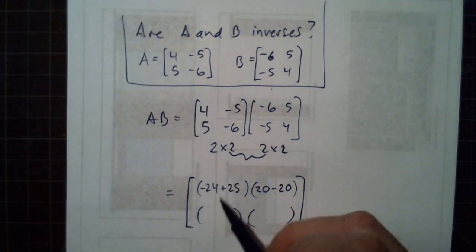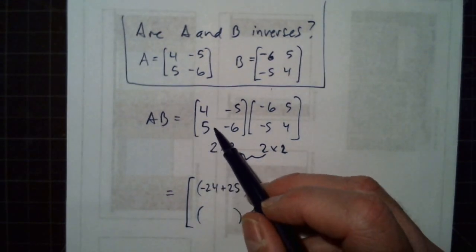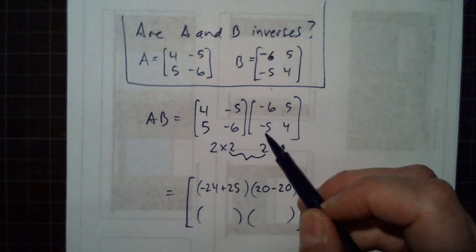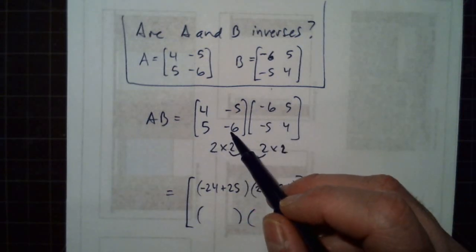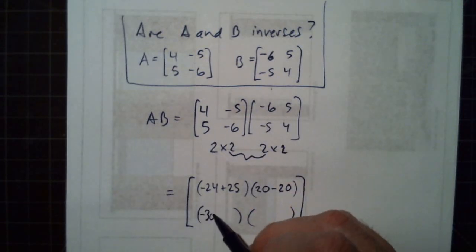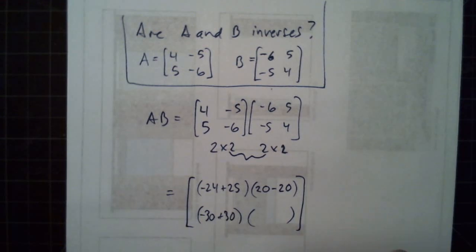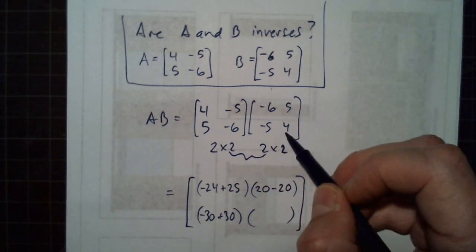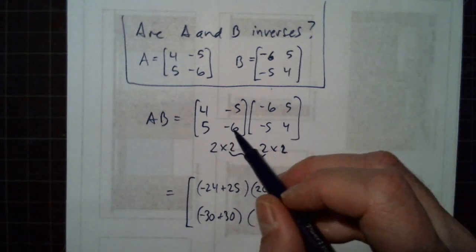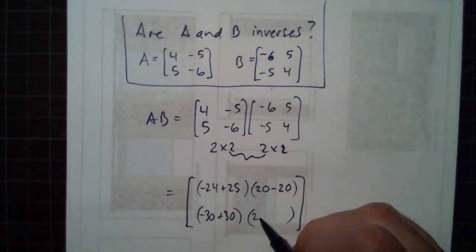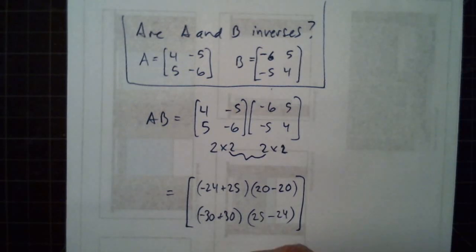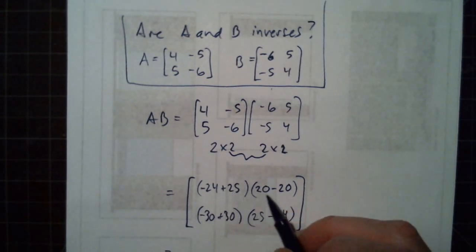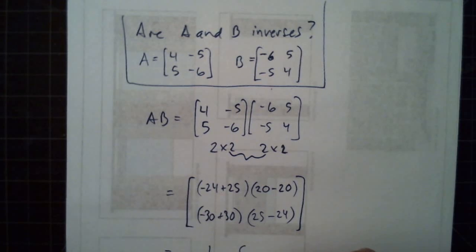This is row 1, column 1, so we multiply row 1 times column 1, negative 30 plus 30. This is row 2, column 2, 25 minus 24, and we'll get 1, 0, 0, 1.